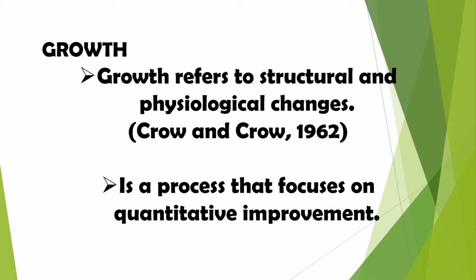Another meaning is growth is a process that focuses on quantitative improvement. Meaning to say, growth refers to an increase in physical size of whole or any of its part and can be measured. Here are a few examples of human growth. Number 1.